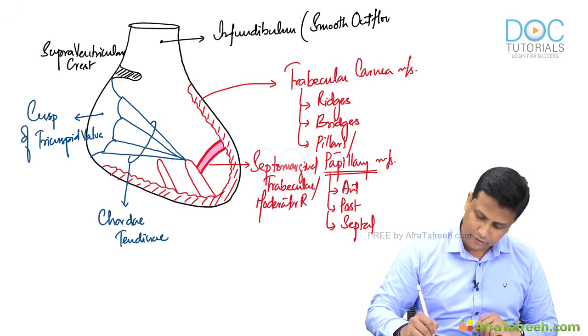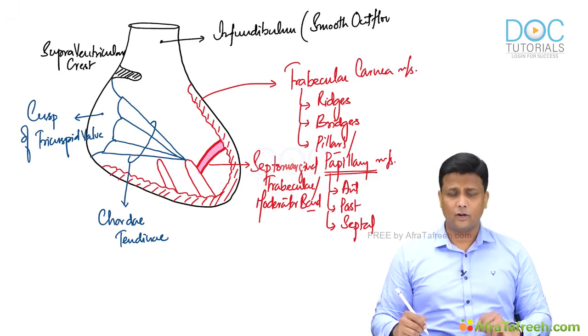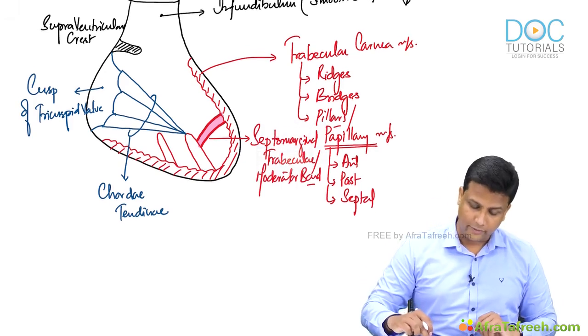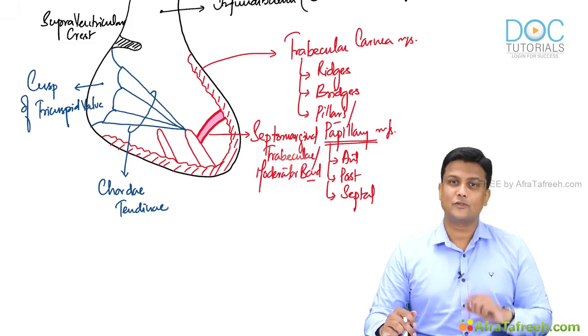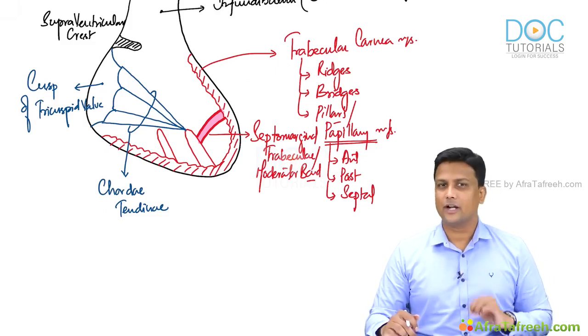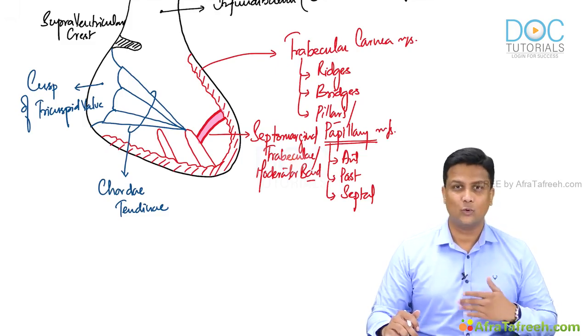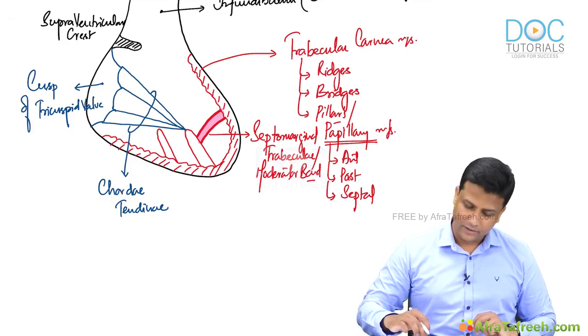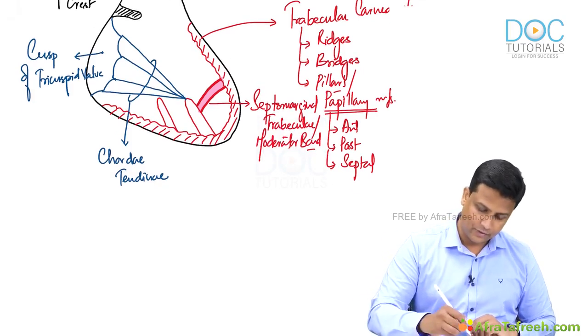Now, what is the importance of this one? Why it is being asked a lot of times in your exams, septomarginal trabeculae or moderator band? Why? Because that is the one which will give the passage to the right bundle branch. So, when you study about the conduction system of the heart, you will be having SA node, AV node, bundle of His, bundle branches. Out of that, yes, right bundle branch.